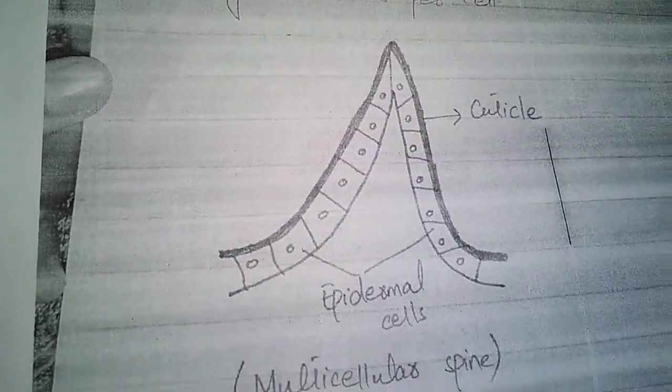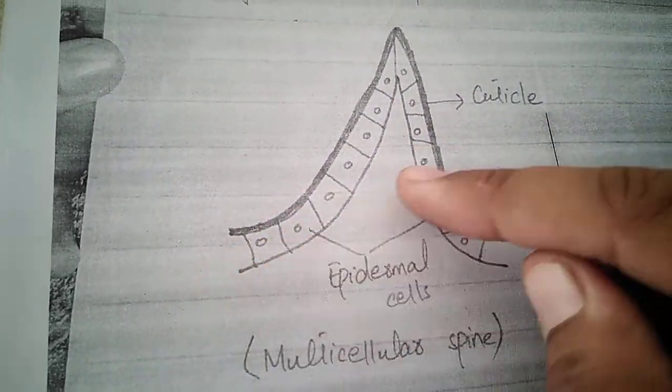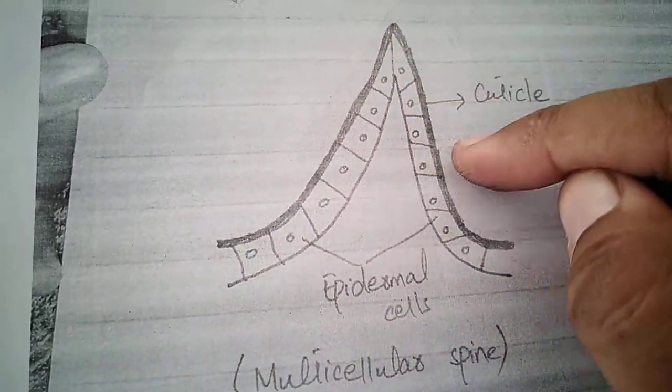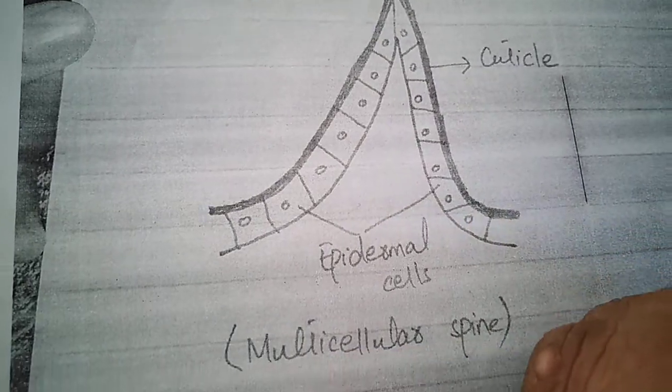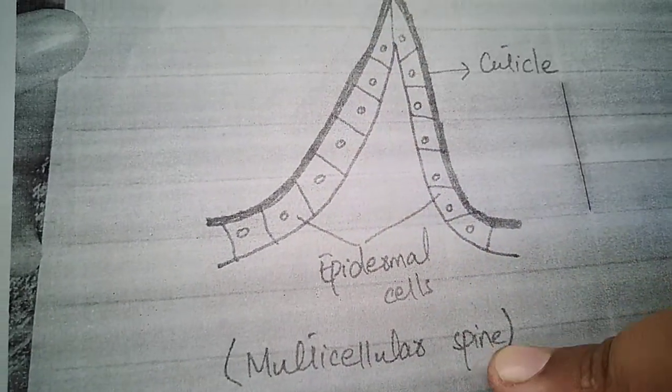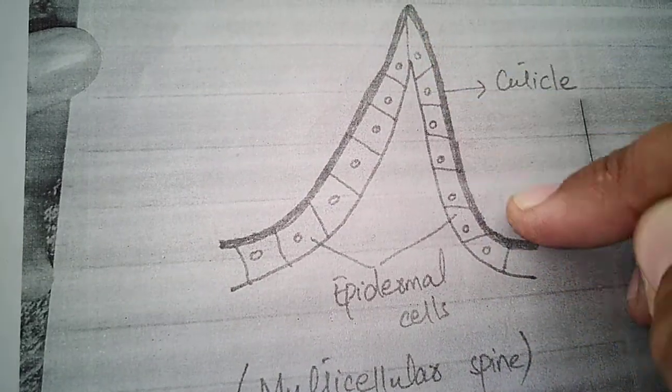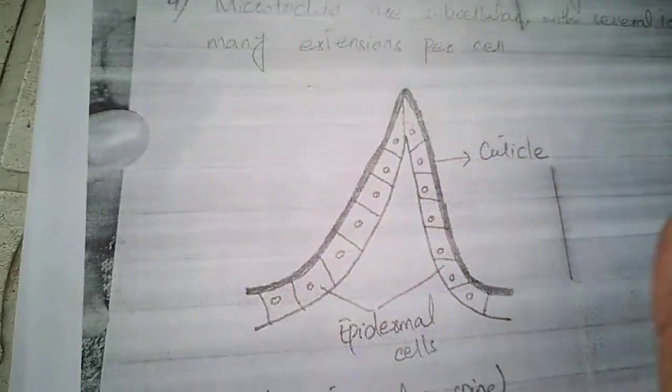Here this is clear in the diagram. This is the epidermal layer, and here you can see various epidermal cells in the diagram. So this is the multicellular spine, and above the epidermis, cuticle is present.